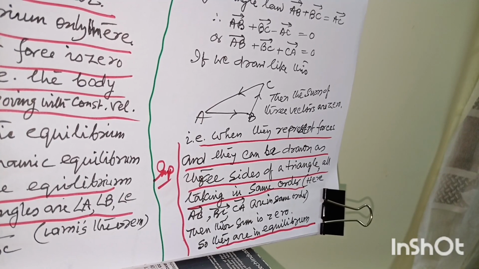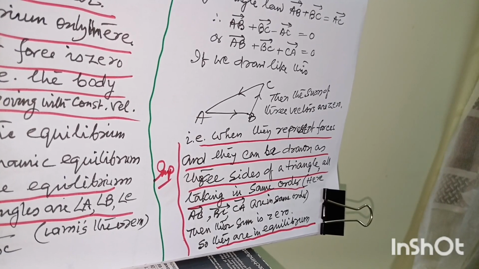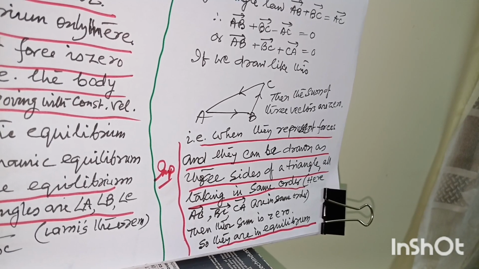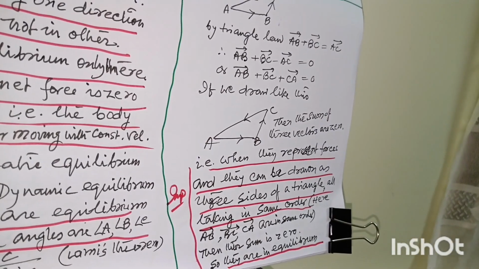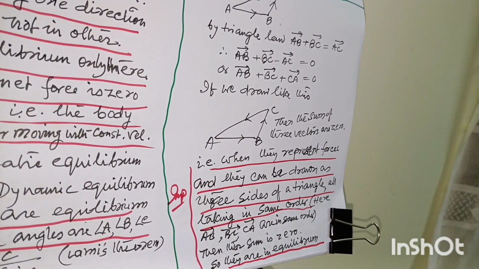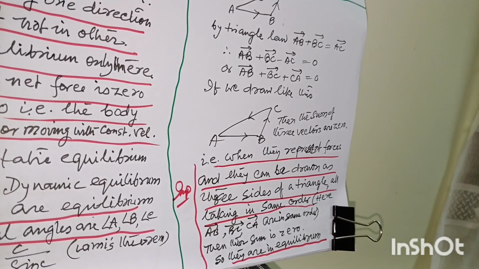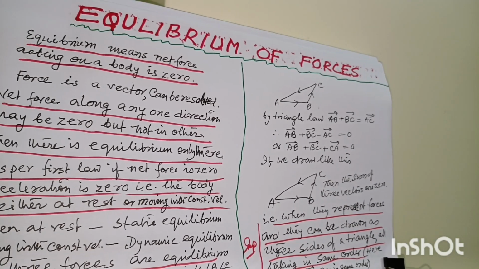If they are represented by four sides of the rectangle taken in the same order, they will be in equilibrium. If it is a pentagon, then also if they are in the same order, their sum will be 0, they will be in equilibrium. So when they are taken in the same order, their sum will be 0. This is all about force equilibrium.